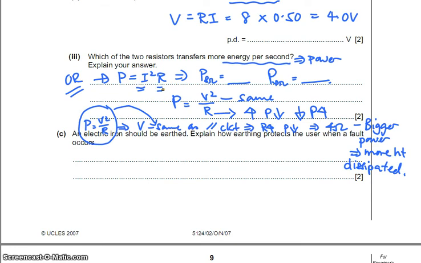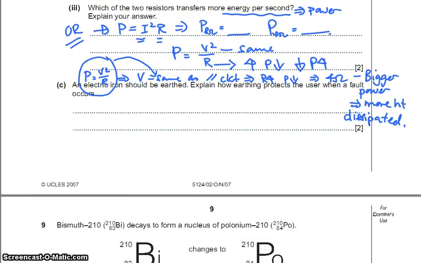Okay, let's move on to the last question here. In an electric iron, it should be earth. Explain how the earth protects the user when the fault occurs. Okay, this is a very important question, I must repeat. So this is how you write. You can say, if there is a leakage of current, now, leakage of current to where?